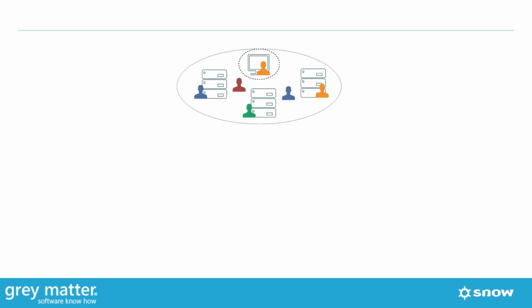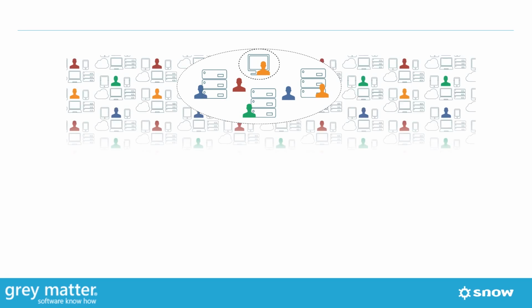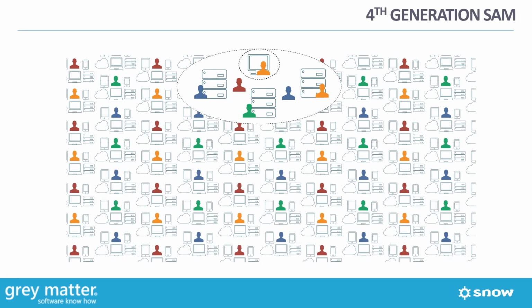So we've evolved this 4th generation SAM concept to be an all-encompassing part of every single user's activity. When you think about it, everyone is a customer of software asset management. If they have software installed, they are a customer of SAM. They have a responsibility to make sure that the investment the organization has made in them is being optimized and is justified.